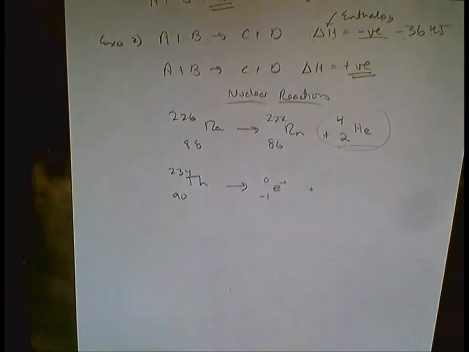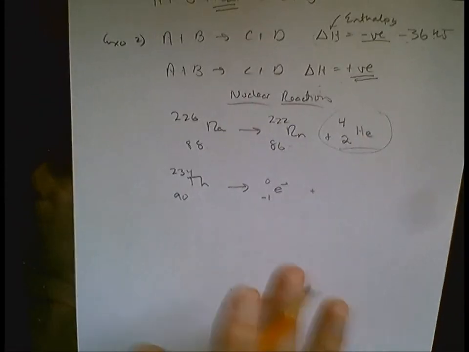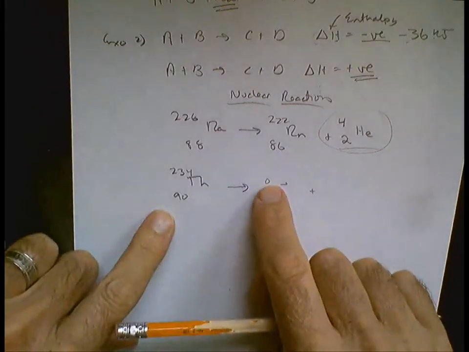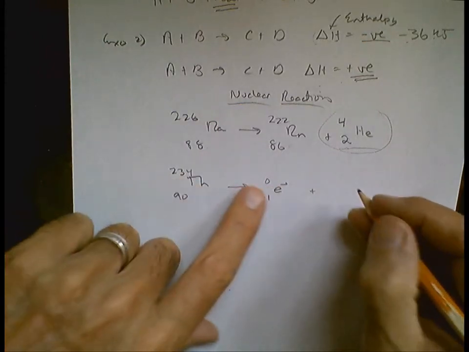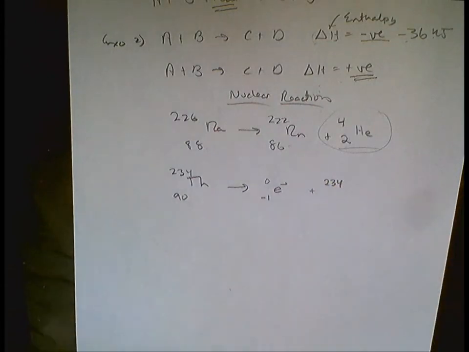Okay, we know we have beta decay because we've got an electron here. Once again, all we're doing is the balancing. It's up to you to figure out what the alpha, beta, and gamma radiation are. I would watch a couple of YouTube videos and make good notes. We've got 0 over here and 234 over here. So 0 plus what gives us 234? 234.